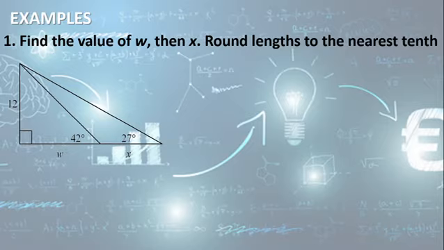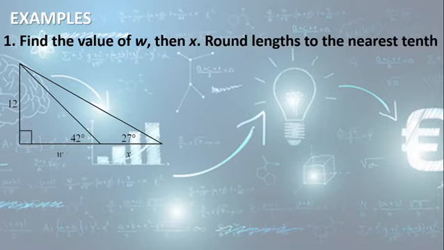Okay, if you were given some word problem based on angle of elevation, you could actually come up with this diagram as the sketch. For example, the vertical line, which is 12 units long, could be the height of a building or a tree or a cliff or something like that.